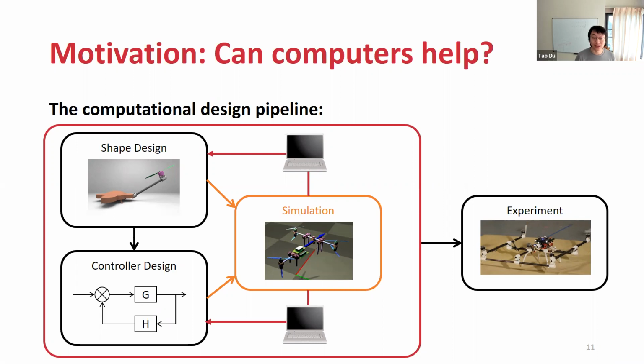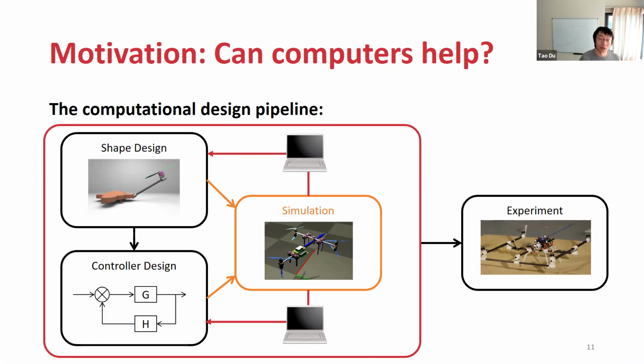However, instead of conducting the real flight test and analyzing the flight log to gain some knowledge of the improvements, we choose to develop computational algorithms to analyze the performance in simulation and propose new changes to both the shape design and the controller design.